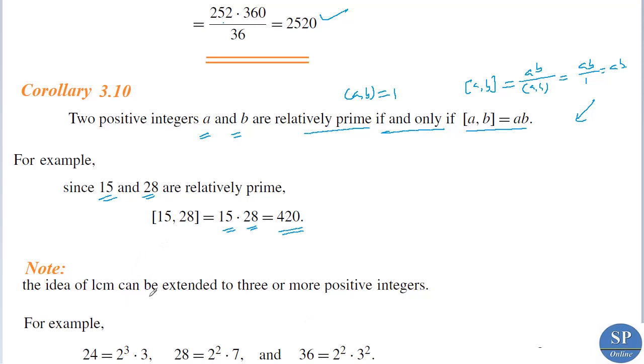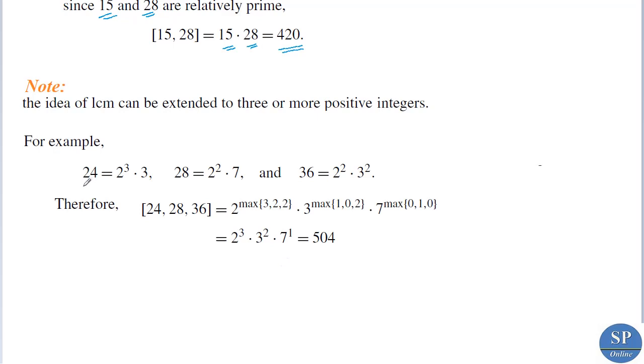Now we have a note. The idea of LCM can be extended to three or more integers. For example, we have 24 equal to 2 cube into 3, 28 equal to 2 square into 7, 36 equal to 2 square into 3 square. So the LCM of 24, 28 and 36 is equal to 2 power maximum of 3, 2 and 2, which is 3, into 3 power maximum of 1, 0 and 2, that is, the maximum is 2.